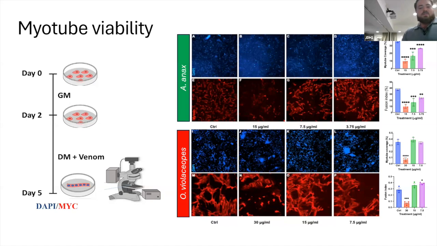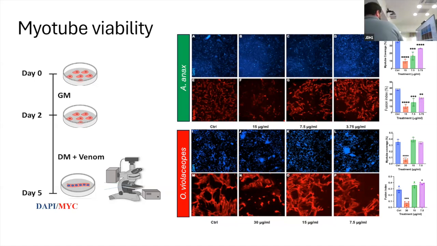Next, this is what we'd also call an atrophy assay. It's very similar to the fusion assay, except that we differentiate the cells and form myotubes first before we add any venoms to them, exposing them to the venom for only one day. Okay, I've put the wrong logo, but okay.